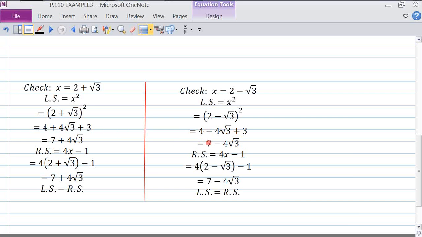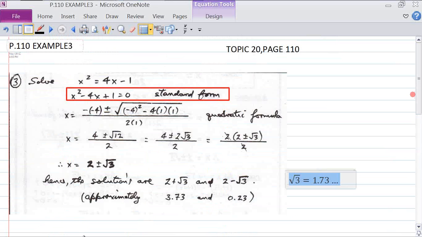So 4 plus 3 is 7 minus 4 root 3. We go to the right side. 4x minus 1. We replace the x with 2 minus root 3. 4 times 2 is 8. 8 minus 1 is 7. And we've got the minus 4 root 3. So the left side equals the right side. So that completes our discussion of page 120 and the exam.